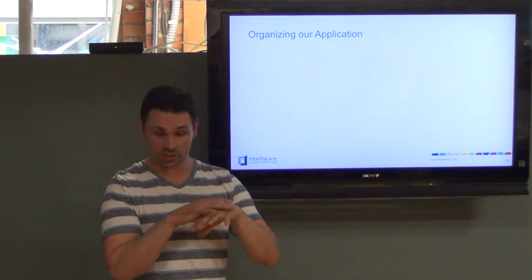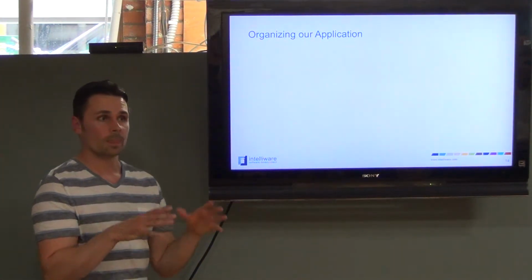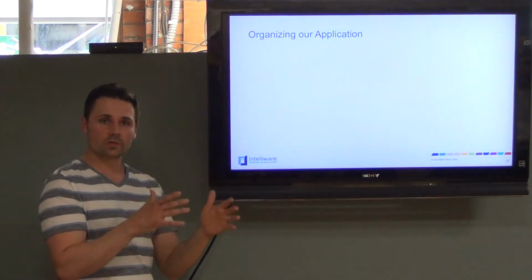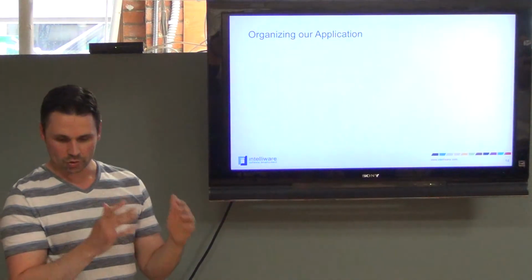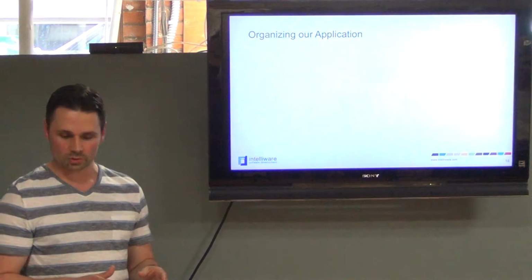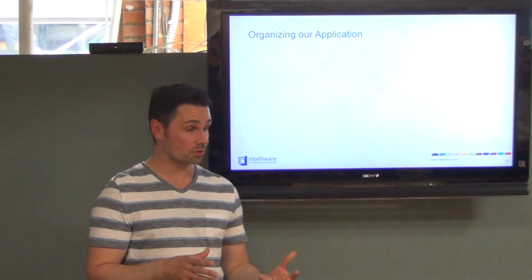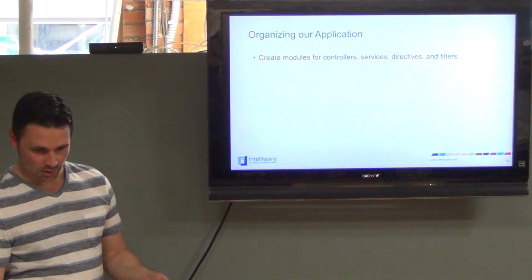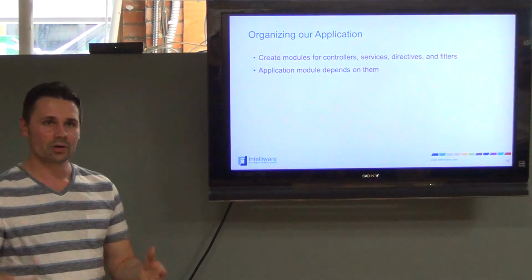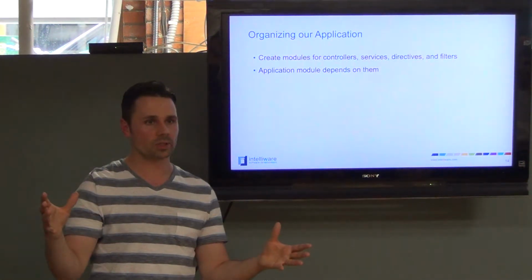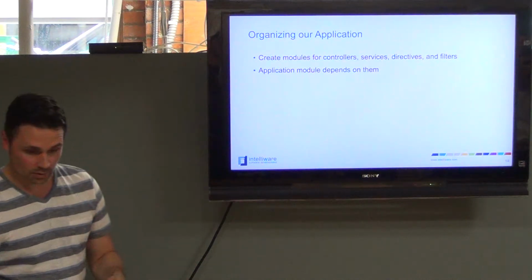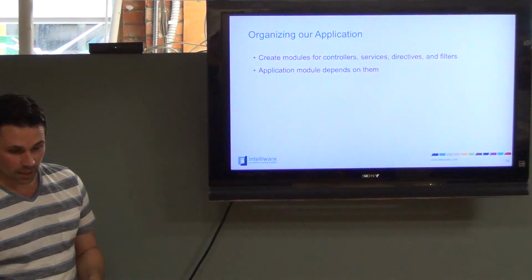What you do is split your application by defining services as a module, directives as a module, filters as a module, and controllers as a module. Then you declare a top-level module which represents your application, and you inject those things into your main application.